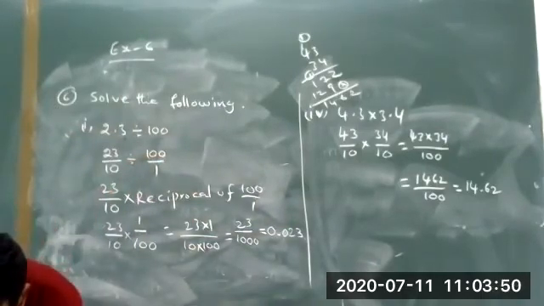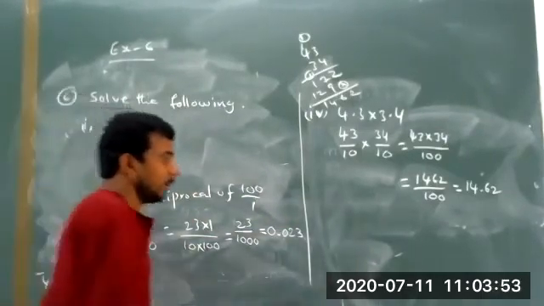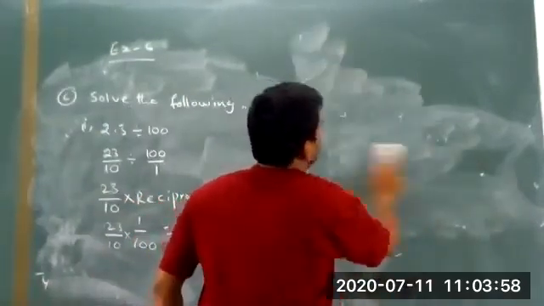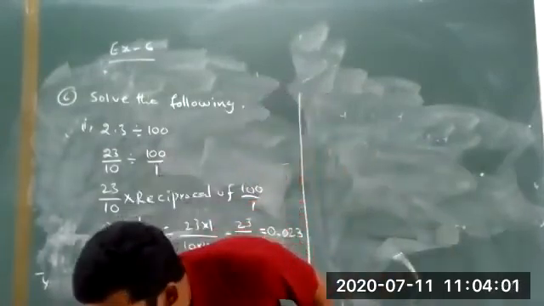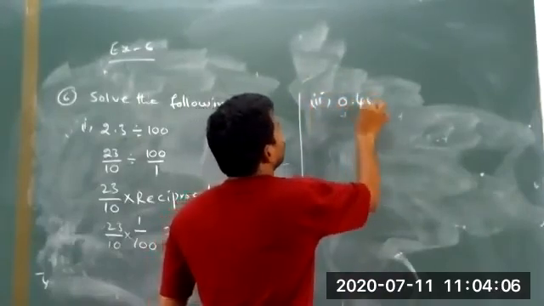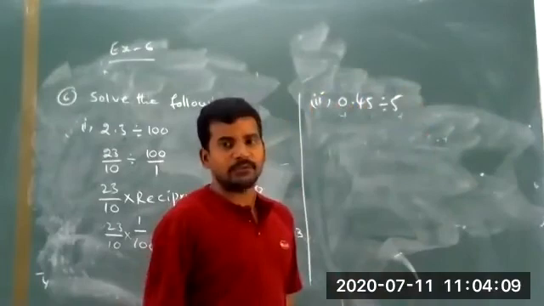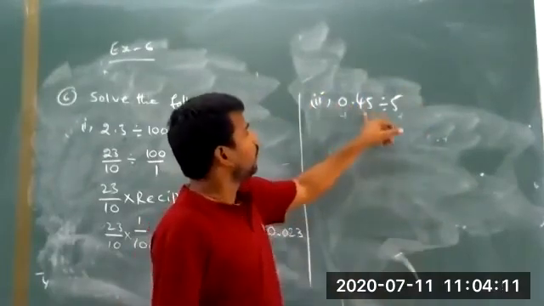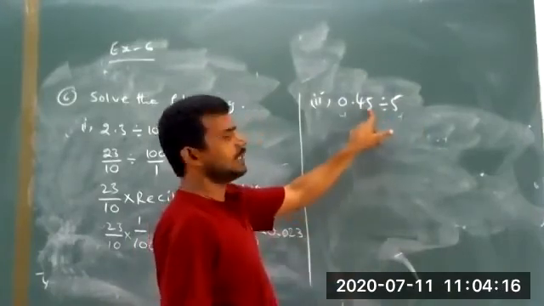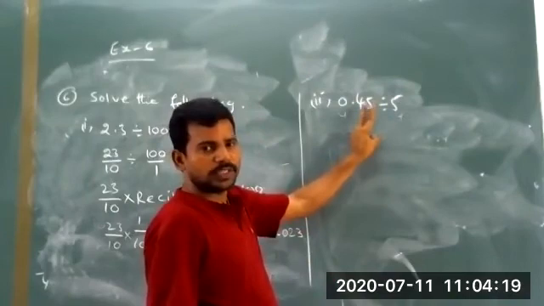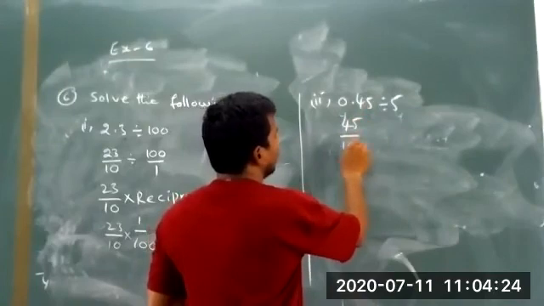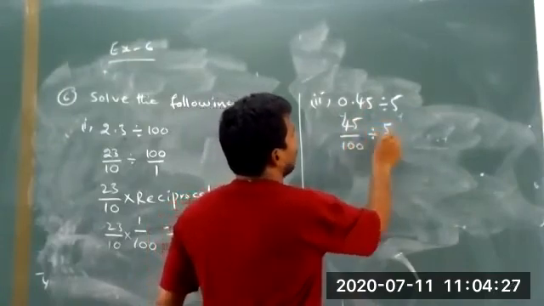Next one, 0.45 divided by 5. So take this 0.45. How many digits are there in the decimal place? 2 digits. So what is the denominator? 100. So 45 by 100 divided by 5 by 1.